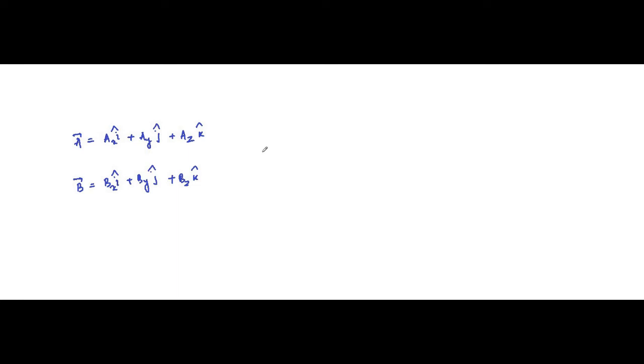So the resultant c vector is formed by the cross product of a vector and b vector.